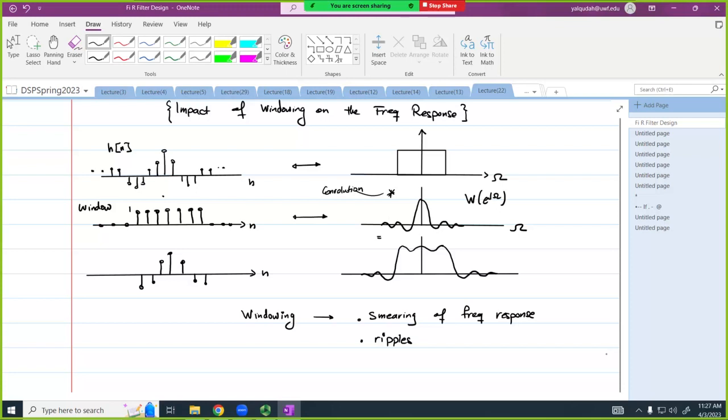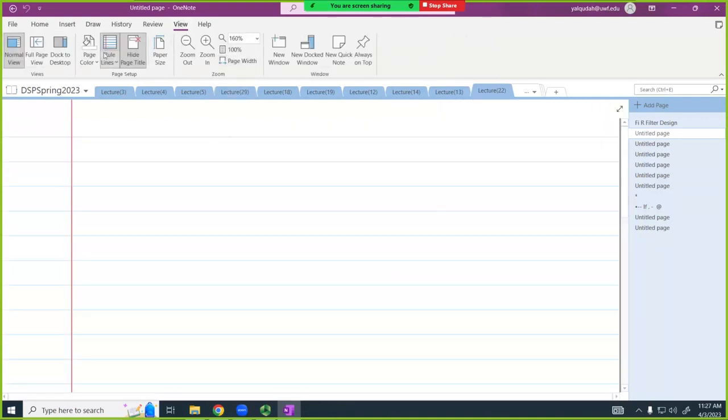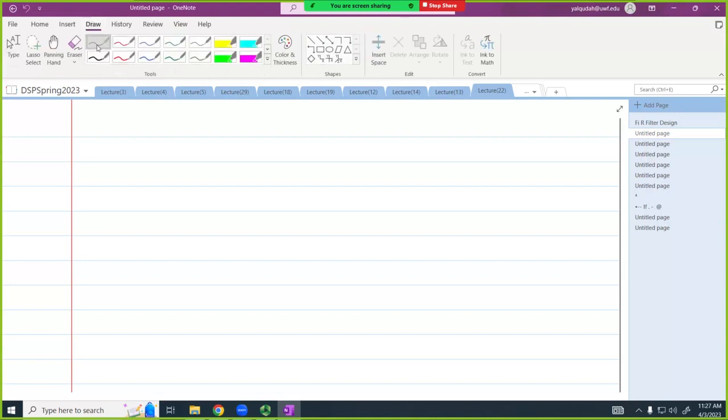Okay. So therefore, this is one of the windows that we can use to take the ideal filter and get a practical filter. What do we call this window? A rectangular window. Make sense? Looks like a rectangular window. So we're going to be looking at different windows that we can use to take this ideal filter and get a practical filter.